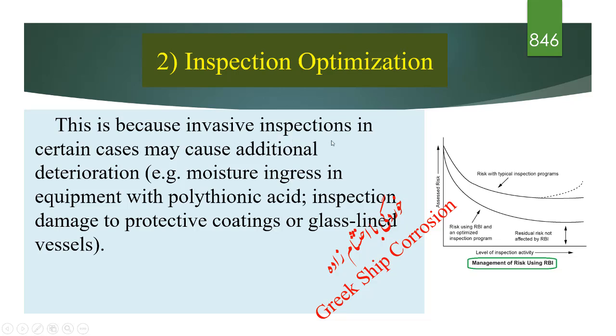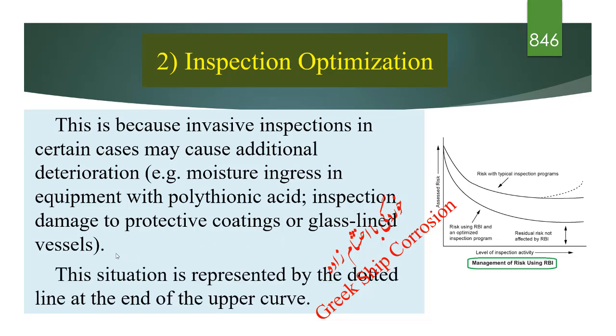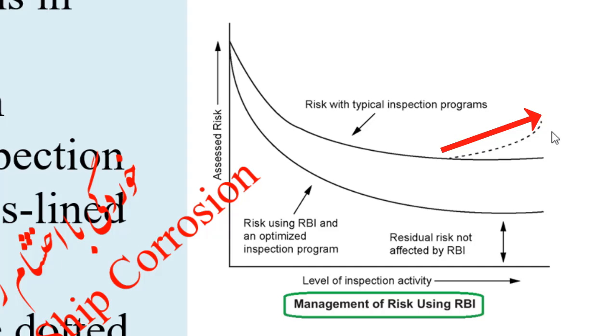This is because invasive inspections in certain cases may cause additional deterioration. For example, moisture ingress in equipment with polythionic acid, inspection damage to protective coatings or glass-lined vessels. This situation is represented by the dotted line at the end of the upper curve.